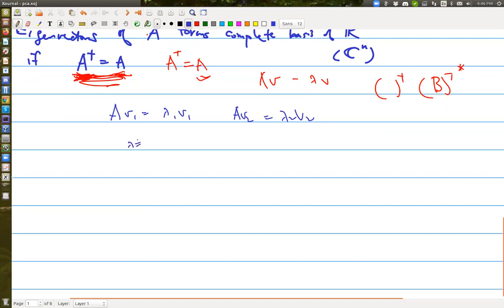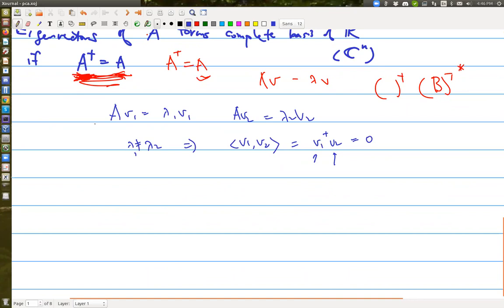So if lambda 1 is not equal to lambda 2, then V1 and V2 are perpendicular to each other. So the inner product will be just equal to 0. And by the way, this inner product will be V1 Hermitian V2. So assuming these are column vectors, it's equal to 0.